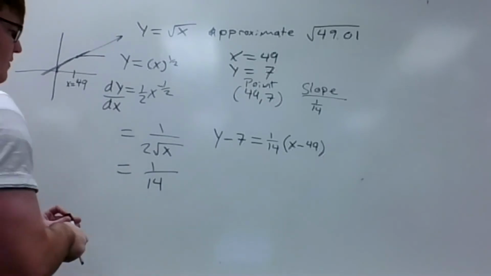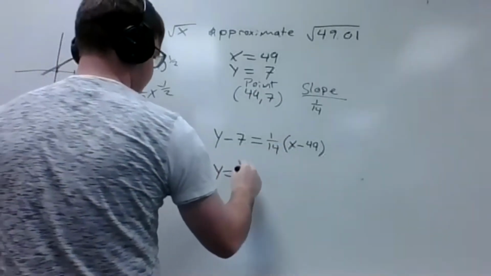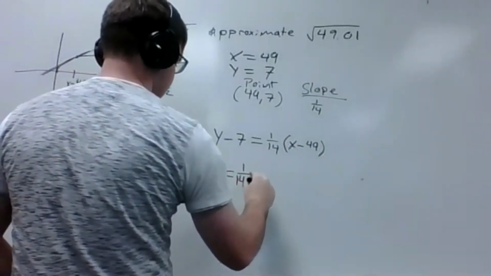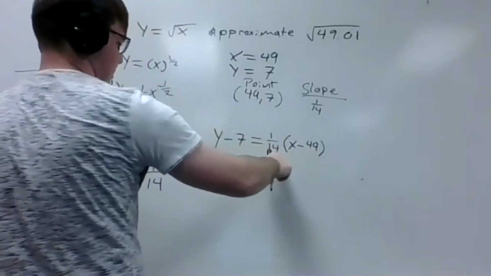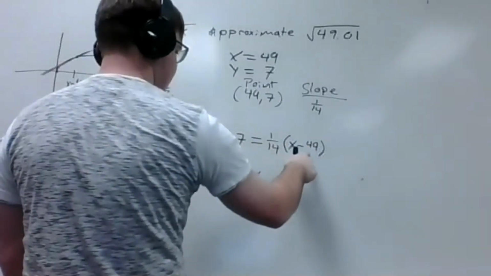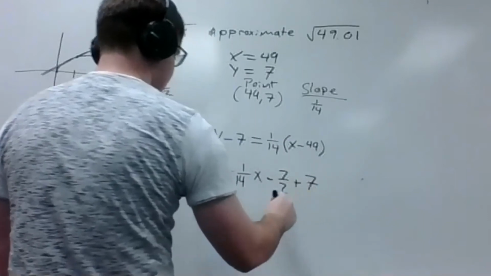So if we solve this back out, we'll multiply this. So we have y equals 1/14 x, and then we can simplify this by saying it's divisible by 7. So that'd be x over 14 minus 7/2 plus 7.